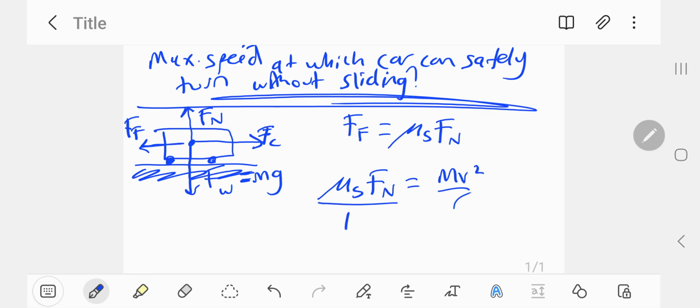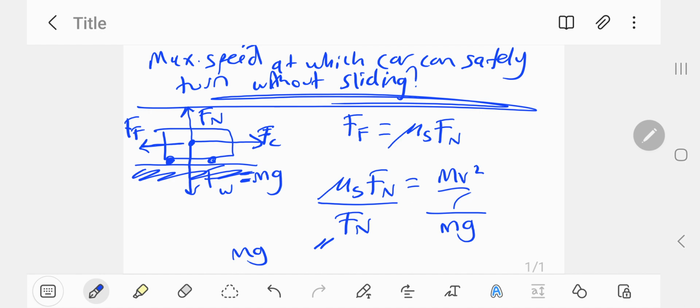So let's divide the left-hand side by F sub N, because we're not actually given the mass of the car. And similarly, the right-hand side, let's divide that by mg. F sub N is just mg, if you recall. The normal force is equal to the weight force. So we can do this mathematically. We haven't changed anything. All we've done is divide both sides by mg.